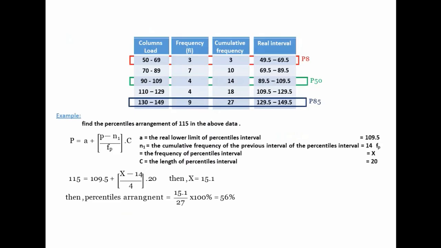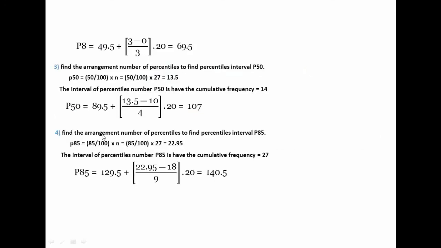So dear students, in this last example I would like to tell you how to find the percentile arrangement of 115 in the above data. It is given that we need the percentile arrangement of 115. 115 is the percentile value, but the percentile arrangement is unknown. In this formula, this P represents the percentile value, and the percentile arrangement is represented by small p.